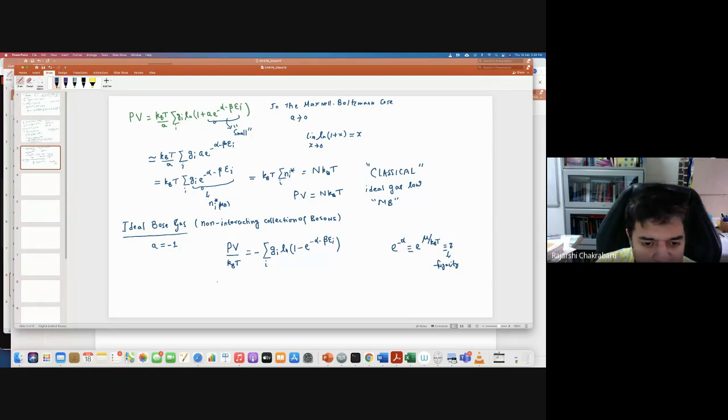If I define this fugacity, my equation of state becomes... Okay, I hope you're following. It's not very difficult. So here, the sum is over what? Energy levels.